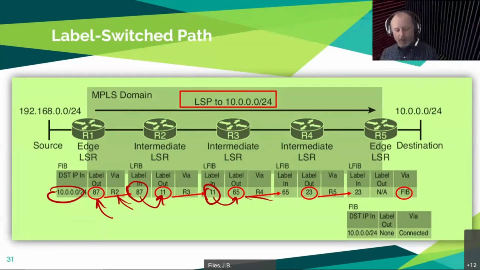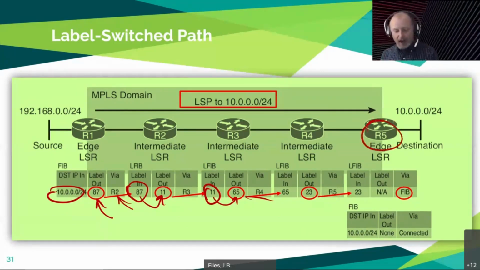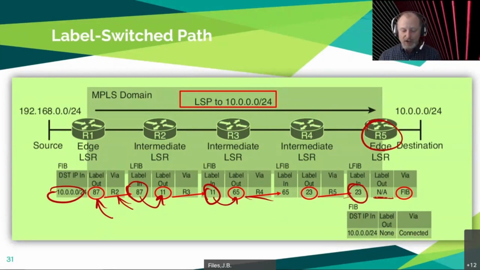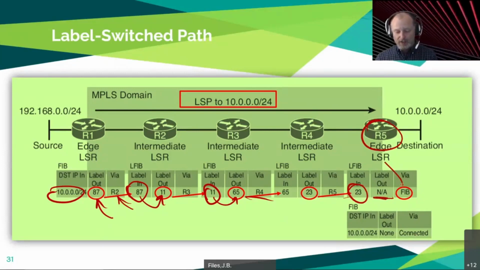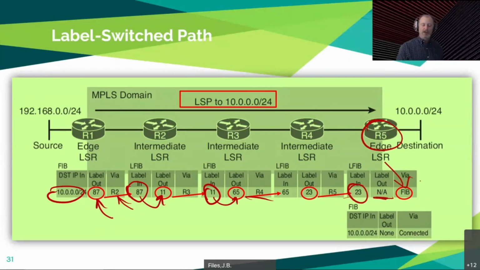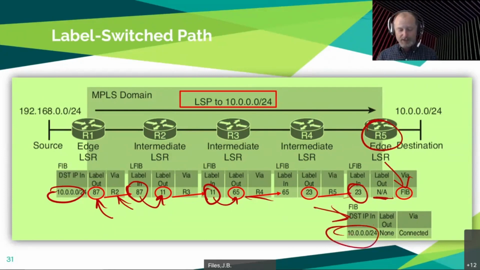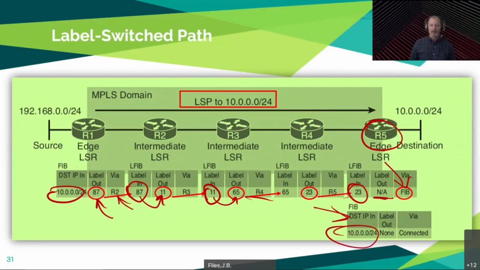Over here, R5 is going to see it coming in with a label of 23. There is no out label, so it's going to do it via the forwarding information base, which basically means it's going to make a routing decision based on the IP address and then forward the packet.